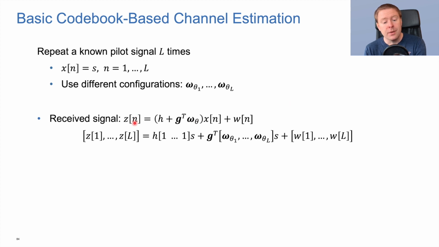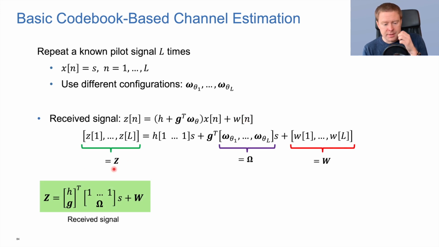If I now gather the signal that I will get at time 1 to L when I replace theta with theta 1 to theta L, then h is the same all the time, so it's h multiplied with 1, 1, 1, 1, it's always 1. And then I have the signal s. And then I have g transpose, I have omega theta 1 to theta L multiplied with the signal s. And then I have the collection of all of my noise variables like this.